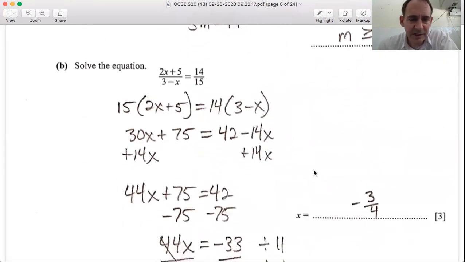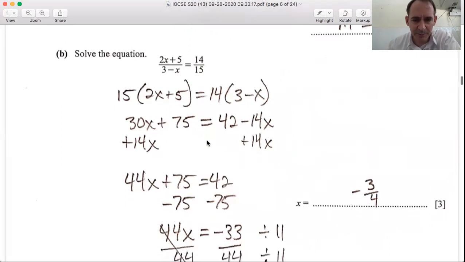Letter B, solve the equation (2x plus 5) over (3 minus x) equals 14 over 15. This is a proportion, two fractions set equal to each other. All you have to do is cross multiply. So 15 times the quantity 2x plus 5 equals 14 times the quantity 3 minus x. Distribute through the parentheses, you get 30x plus 75 equals 42 minus 14x.